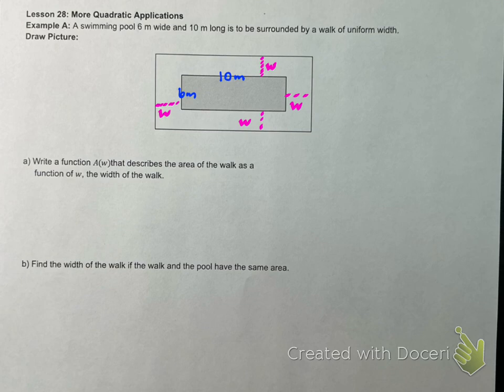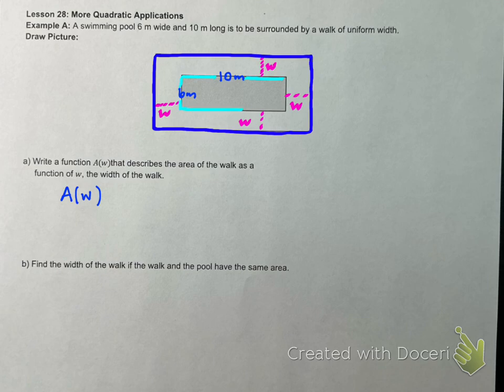So in terms of this, we know that the area of the walkway is going to be the bigger rectangle, right? We're looking for the area of this here, the big blue part. But I just want the walkway. So doesn't that mean that I'm probably going to have to get rid of the area of the pool?